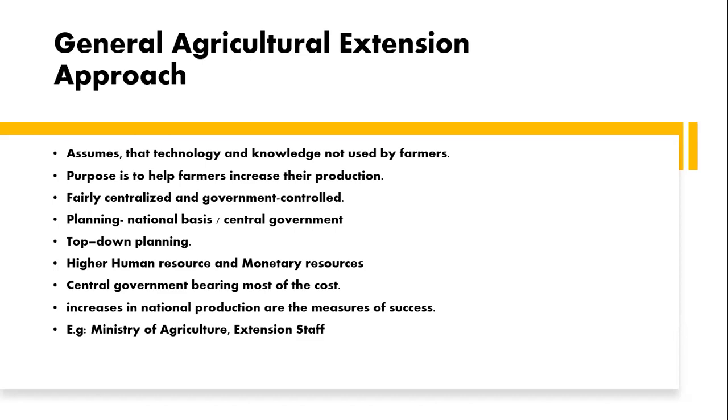The decision making and control is with government bodies, especially the Department of Agriculture. They decide where we should focus the activities. And the planning happens with the central government on a national basis.